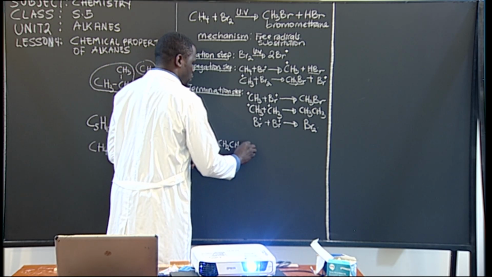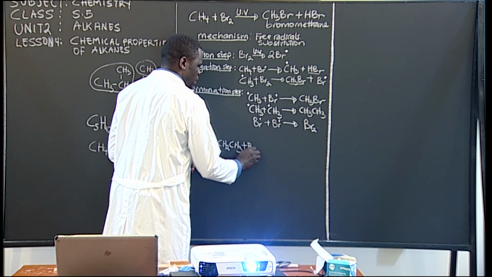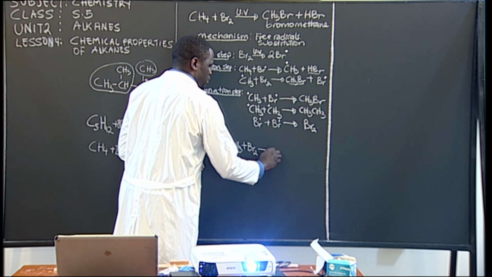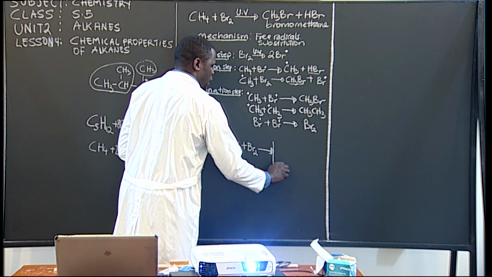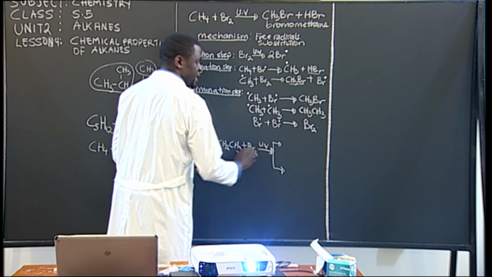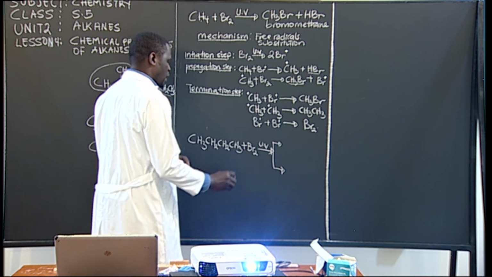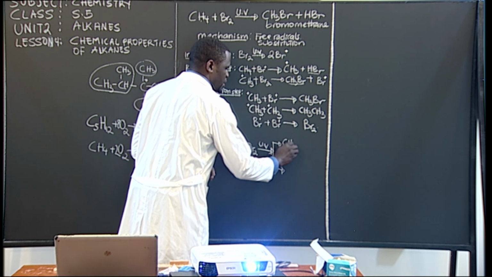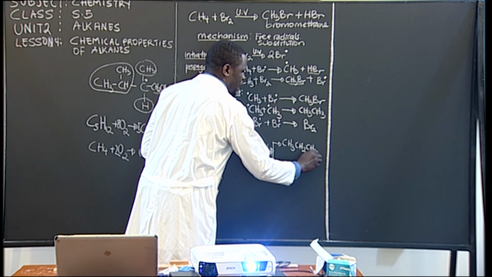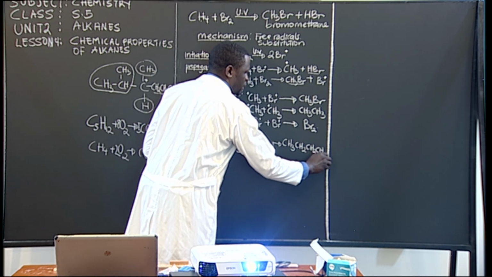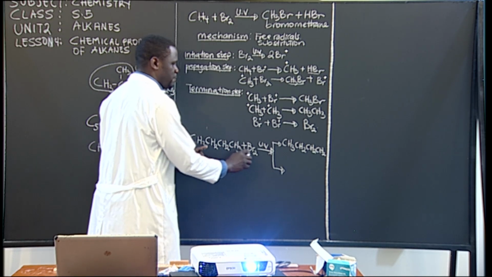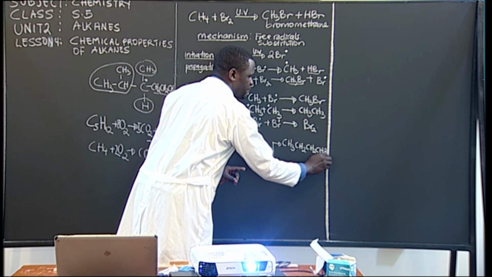So this one will combine with bromine. I'm just giving a more illustrative example. So we are saying probably here we can produce 2 products in the presence of UV light. So we are going to have CH3, CH2, CH2, CH2, where one of the hydrogens here will be replaced by bromine.